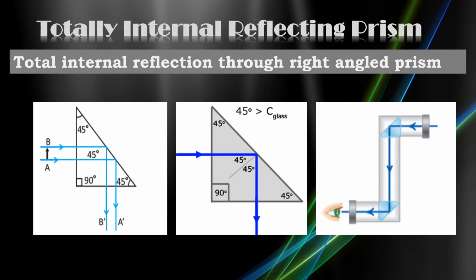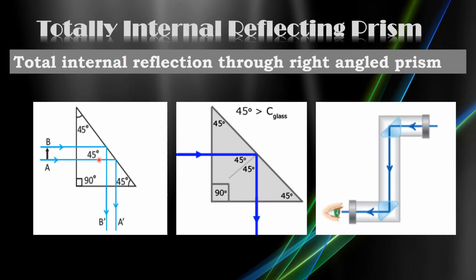One of the angles of a right angled prism is 90 degrees. As you can see in this figure, one of the angles is 90 degrees and the other two are 45 degrees. When a ray of light strikes a face of the prism perpendicularly, it enters the prism without deviation and strikes the hypotenuse at an angle of 45 degrees.